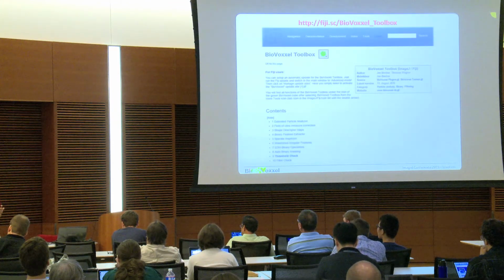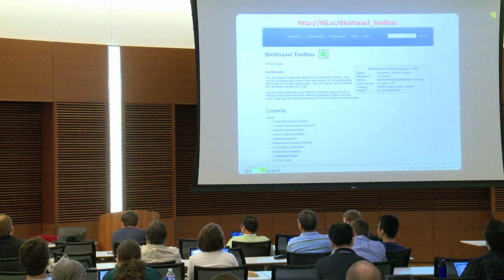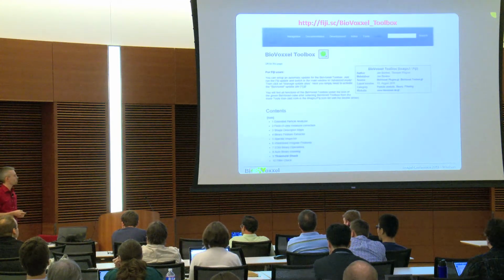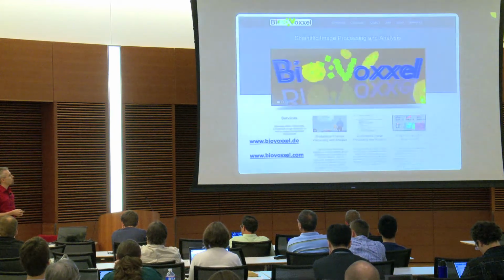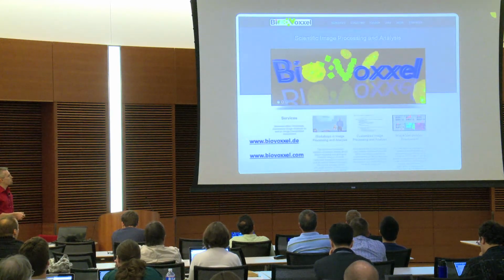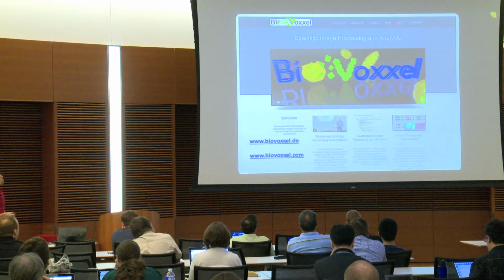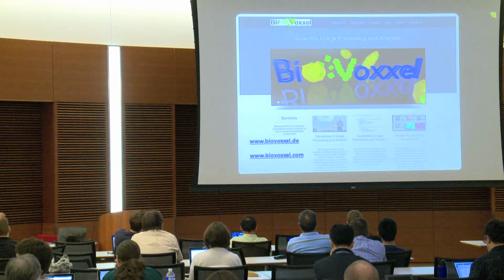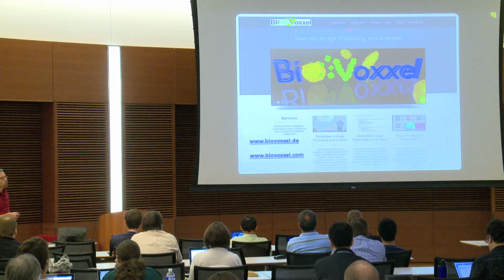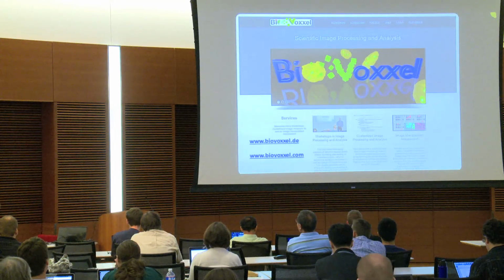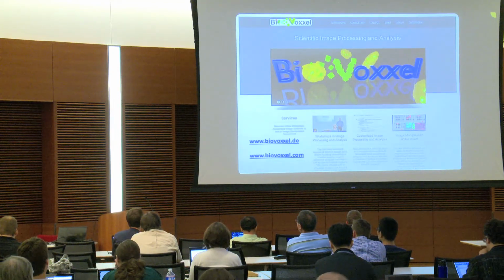Otherwise, if you have any suggestions, you're welcome to report that, and if I find some free time, I will include that as well. You can have a look at the BioVoxxel homepage, www.biovoxxel.de or .com, with some further information also on the courses in general, and the toolbox. Here you will also find for ImageJ users the newest versions to download, and for Fiji users anyway you can use the update site to update that.